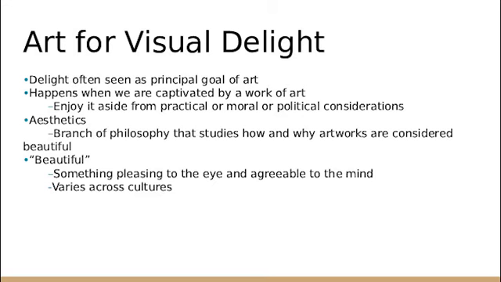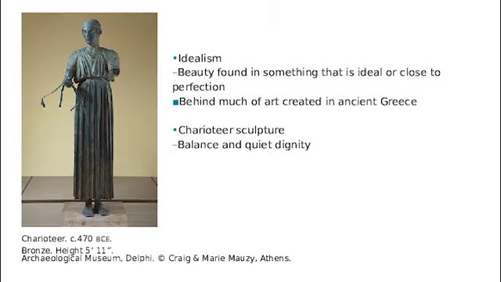So here's an example of idealism, which is beauty that's found in something that is ideal or close to perfection. It's behind so much of the art created in ancient Greece. You know how I was talking about this constant flexing contest of who can make the most perfect, most realistic artwork? In Greece, it was like that, but it's who can make the most perfect sculpture of the human form?